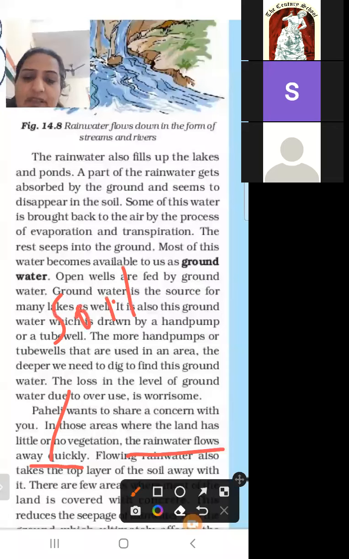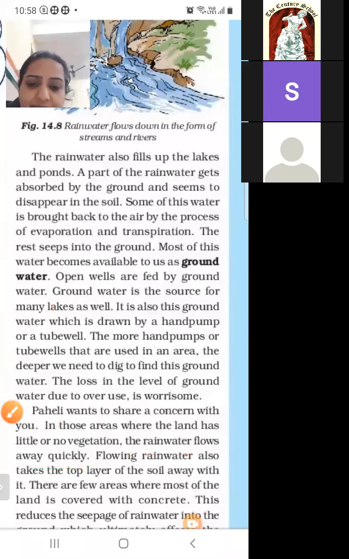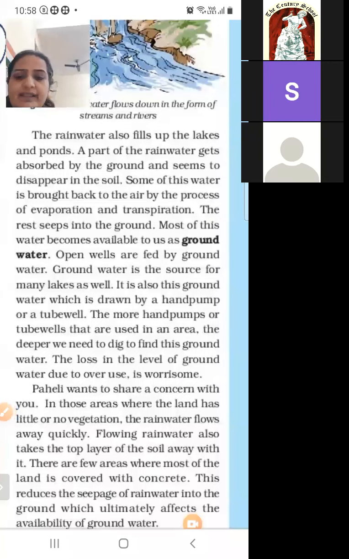जब ये rainwater flow करता है, इसके साथ हमारी soil भी जाती है, and the topmost layer is removed by this rainwater, and the fertility of the soil is decreased. So next, flowing rainwater also takes the top layer of the soil.